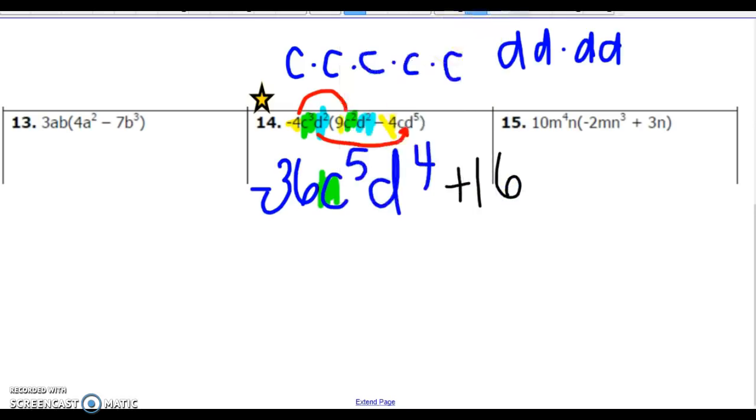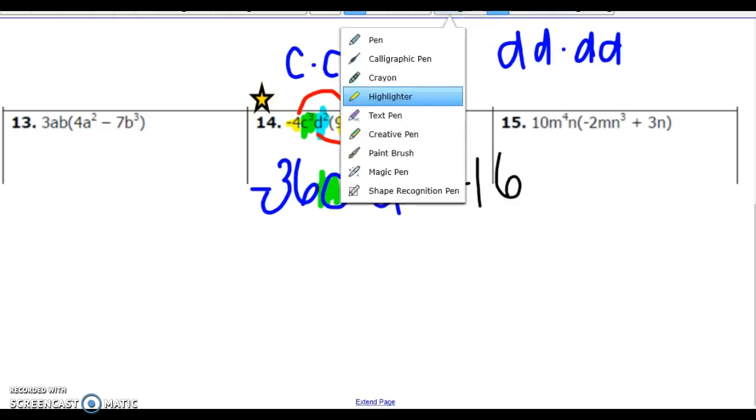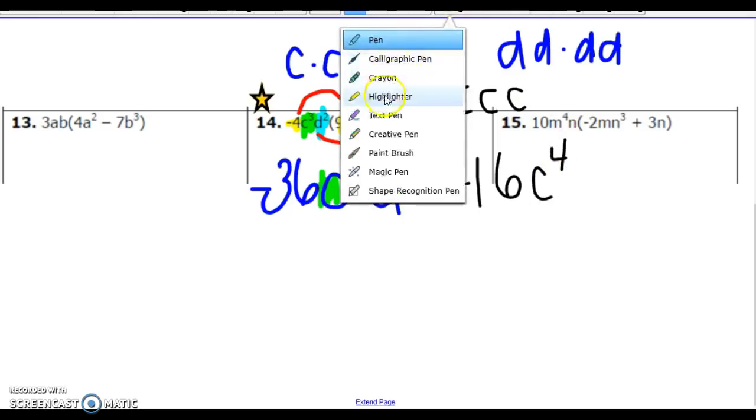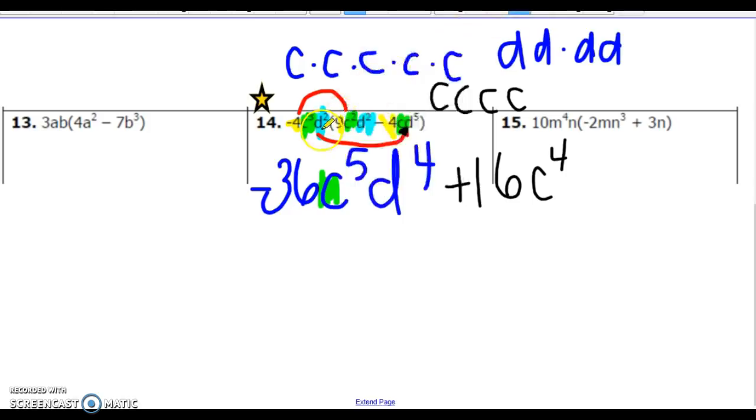Now I'm going to go in and get this c. That's c to the what? Yeah, good. So it was c to the 3rd times c to the 1st, which gives me c to the 4th power. And last but not least, d squared times d to the 5th. Oh, what do you think?